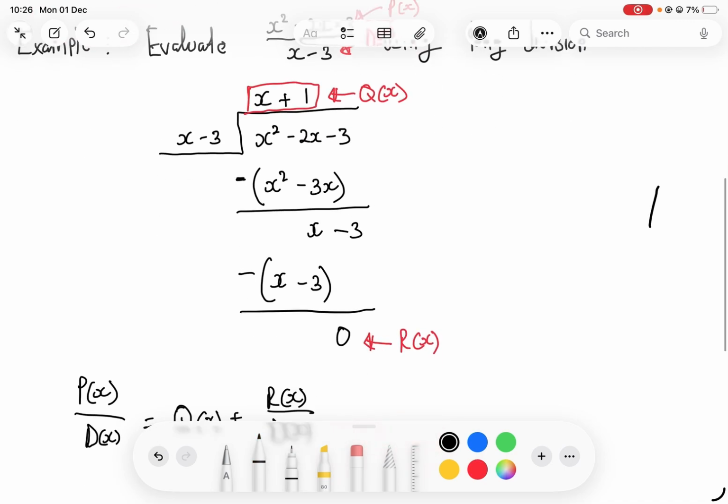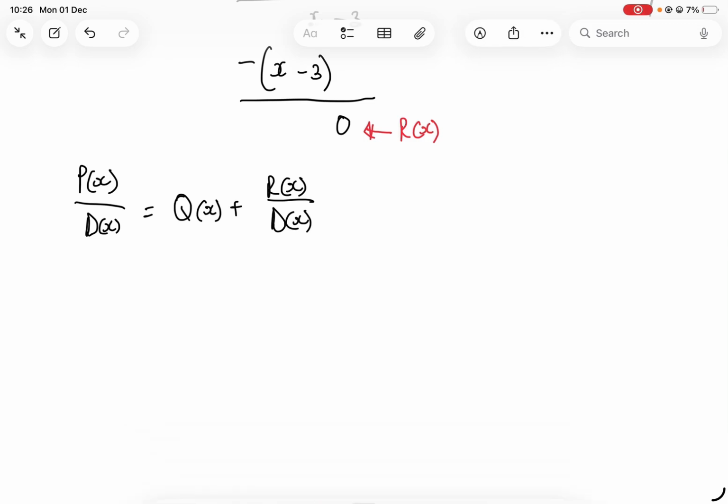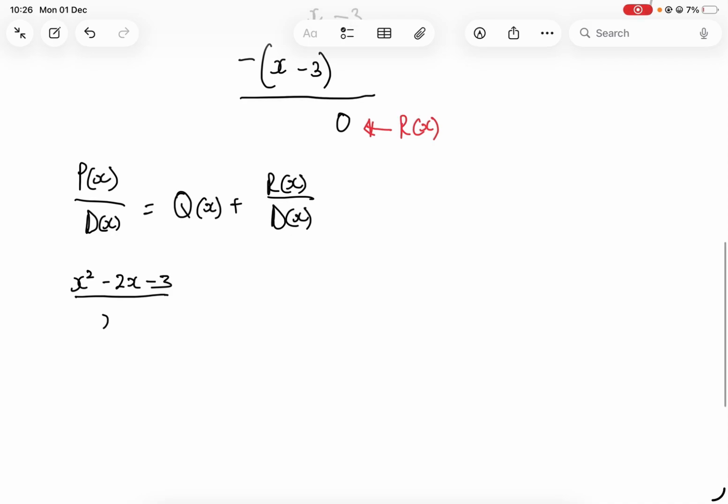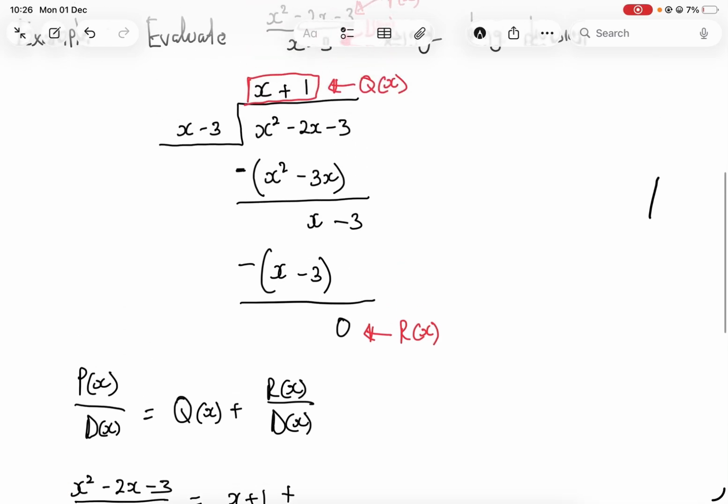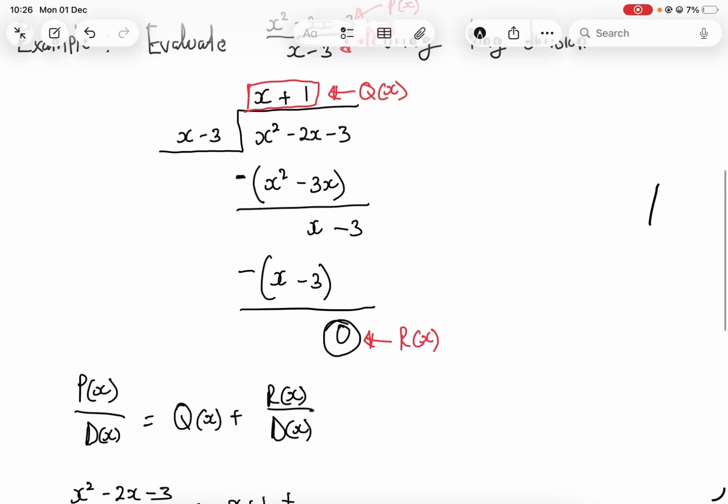So now I have to say x squared minus 2x minus 3 over x minus 3 is equal to, my q of x is x plus 1. Then my r of x is, I said it's 0.